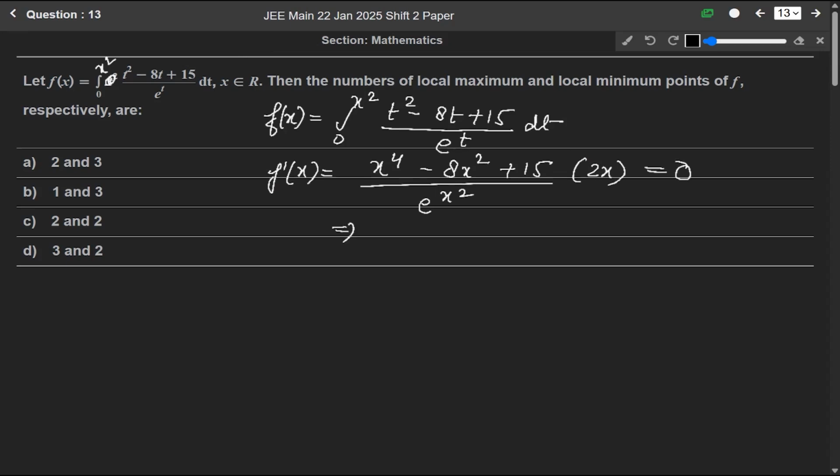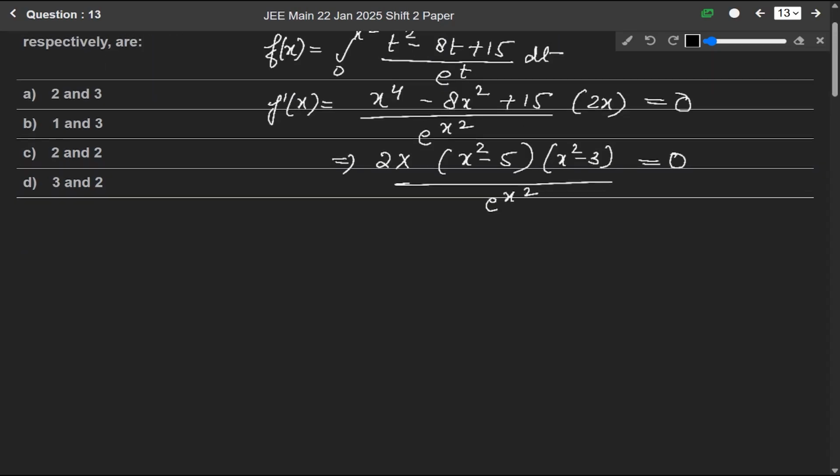So it will be equals to 2 minus x square minus 5 into x square minus 3 over e to the power x square, and it will be equals to 0. Okay. So when we solve it, we get x into x plus root 5 into x minus root 5 into x plus root 3 into x minus root 3 equals to 0.